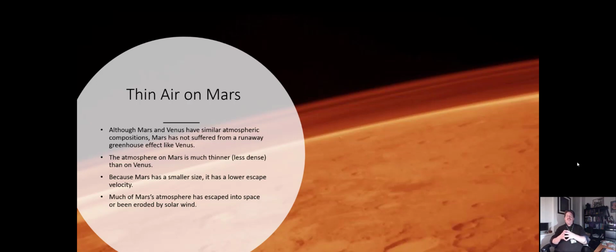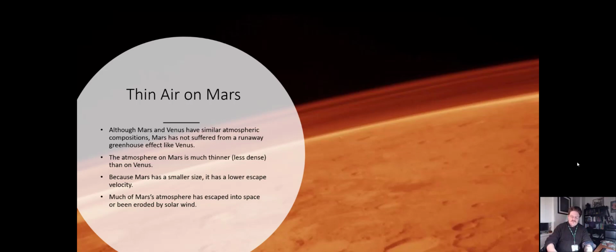Now, here again, Mars's size defeated it in a way. Because Mars is so much smaller than the Earth, its escape velocity is significantly smaller than the Earth's. And so, even given possibly comparable temperatures, gases like oxygen and nitrogen could more easily escape, given, say, 1 billion years, and escape out into space, leaving behind a very thin veneer of carbon dioxide, which is primarily supplied from the ice caps.